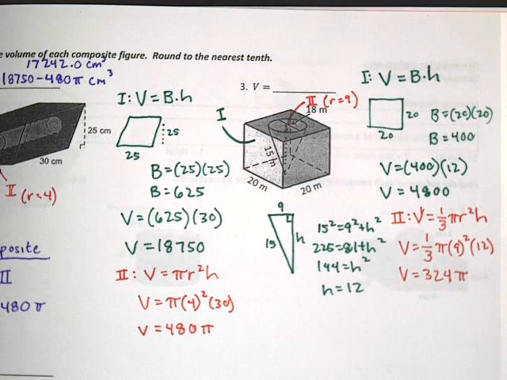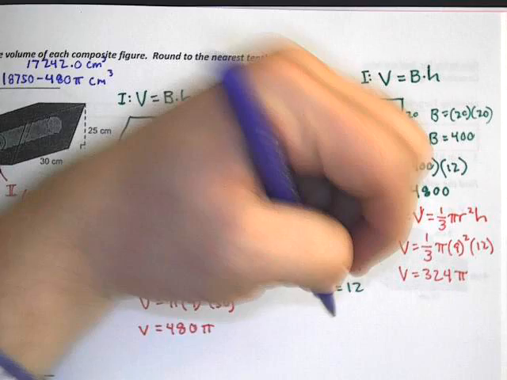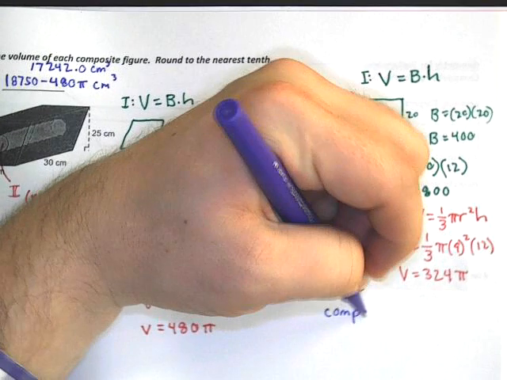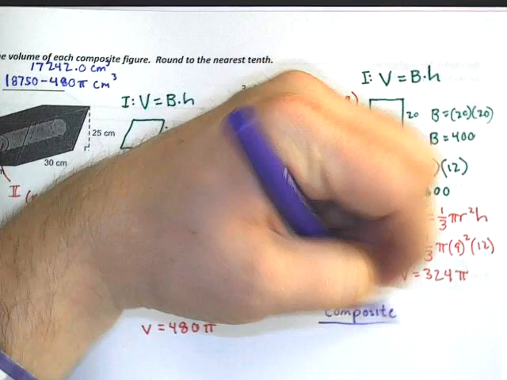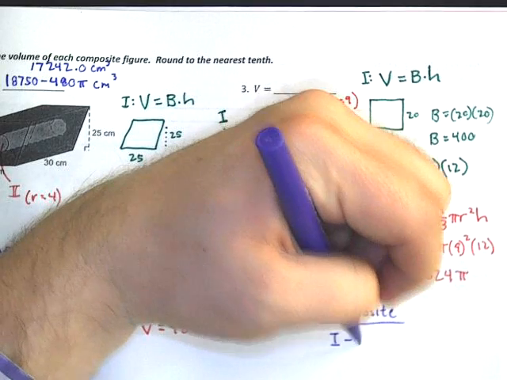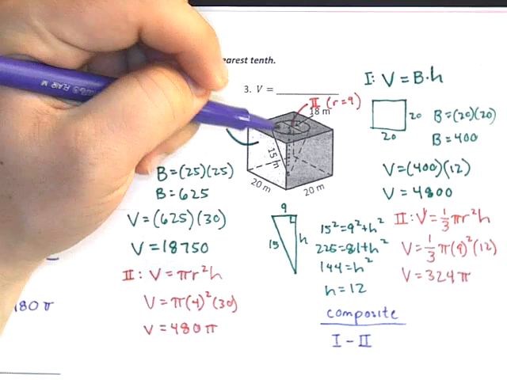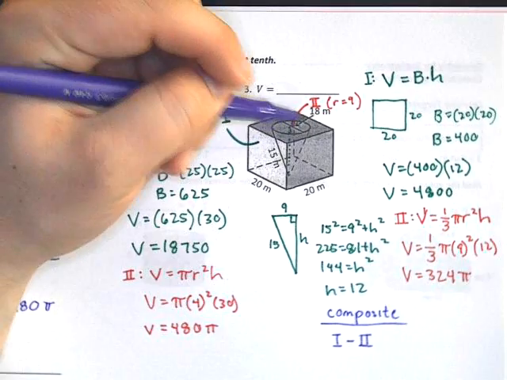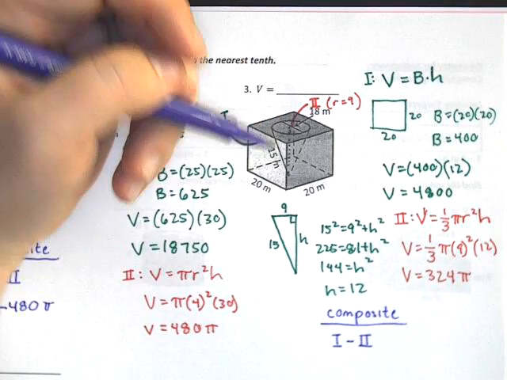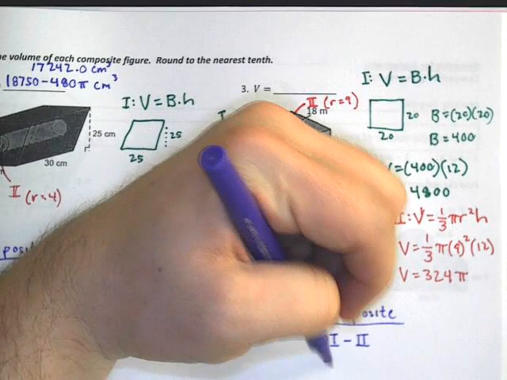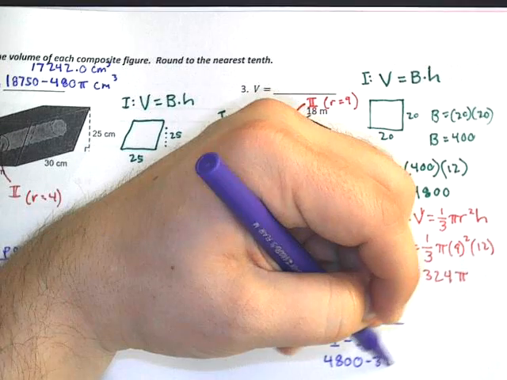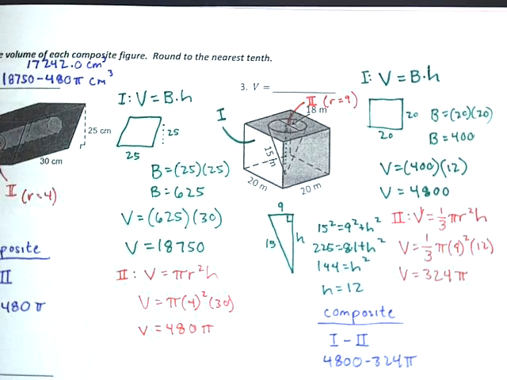Now that we have both of those volumes, we're ready to find the composite. Composite will be, we said, 1 minus 2. Why? Because we're getting rid of the cone from the square prism, so we have to take it away. So 4,800 minus 324 pi is more than okay if you want to leave it like that.